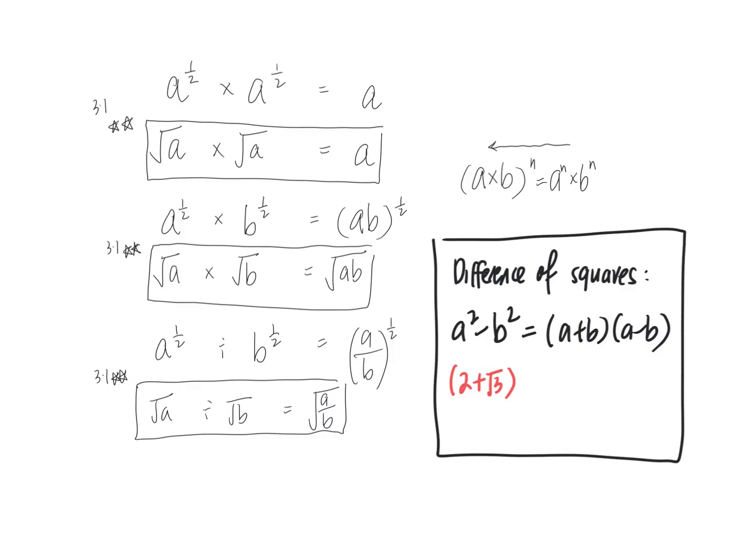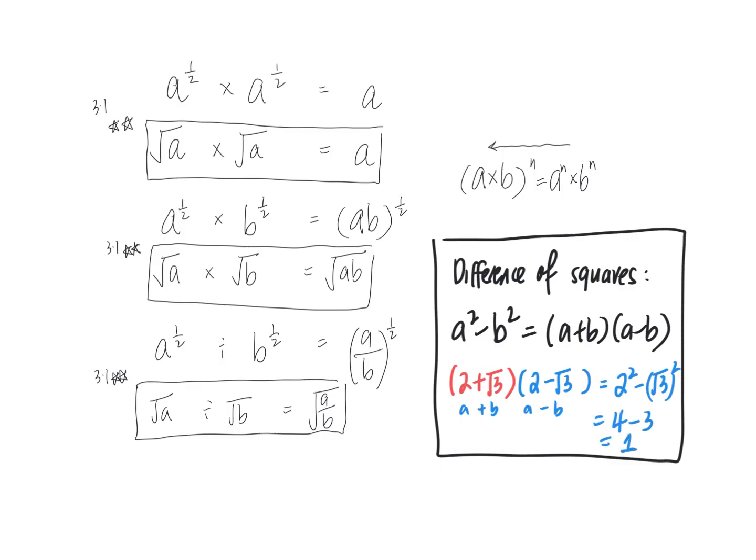What I need to introduce is its opposite, which is 2 minus root 3. Can you see this is your a plus b? This is your a minus b. So what will happen? You will apply a square minus b square, and then your square root disappears, becomes 1.